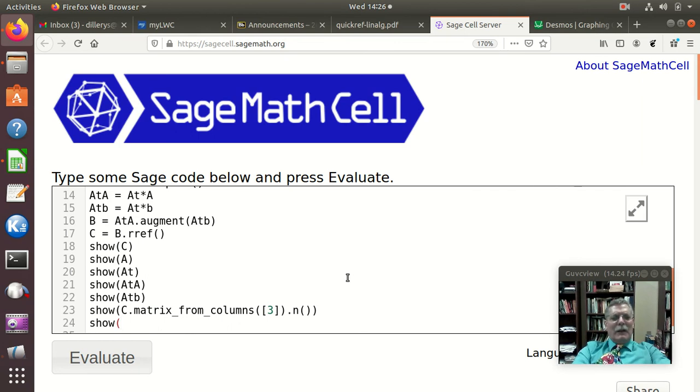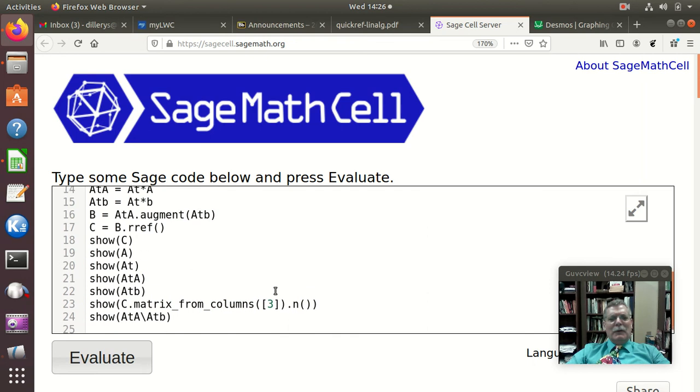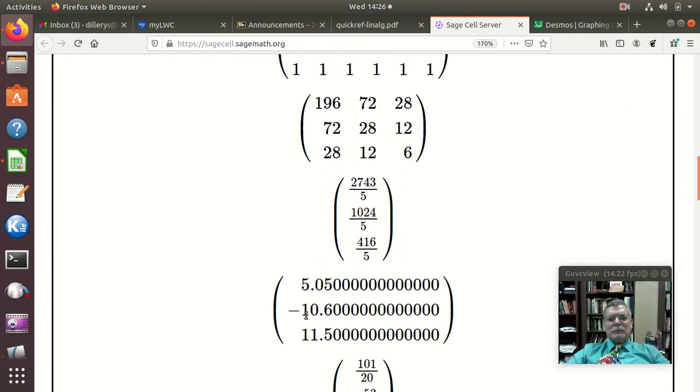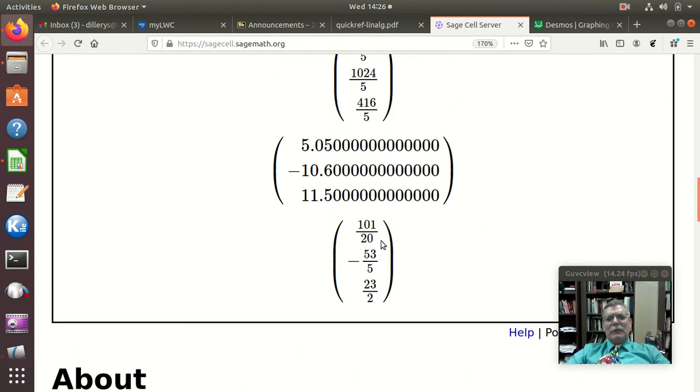If I take A transpose A and do a backslash A transpose B, I believe that solves the matrix equation A transpose A X equals A transpose B. So let's show and see what happens. And we do. So that gave us the solution.